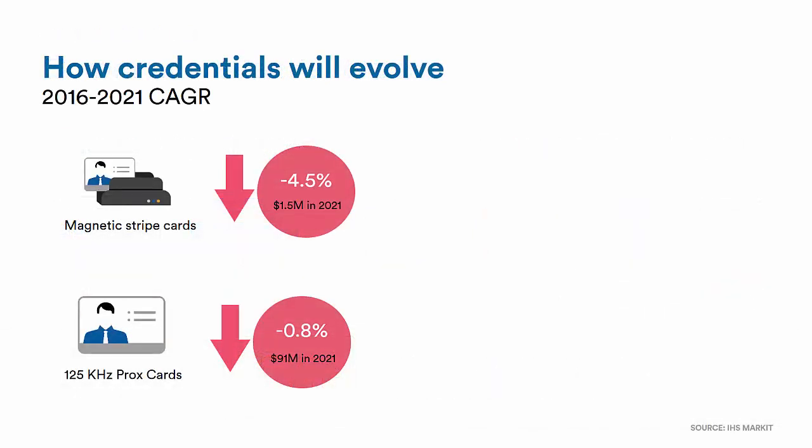So right off the bat, as you can expect, the magstripe cards are in steep decline from 2016 to 2021. This is an IHS market forecast. So 125 kilohertz prox cards, which is a vulnerable credential technology, is in decline, but today represents the biggest share of adoption.